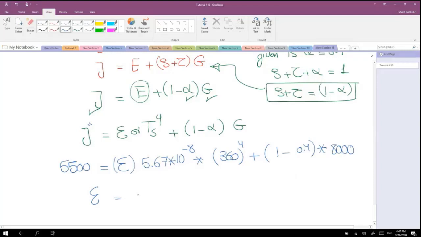From here, you are going to get epsilon of 0.74.